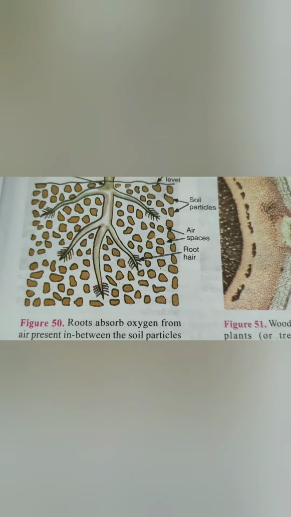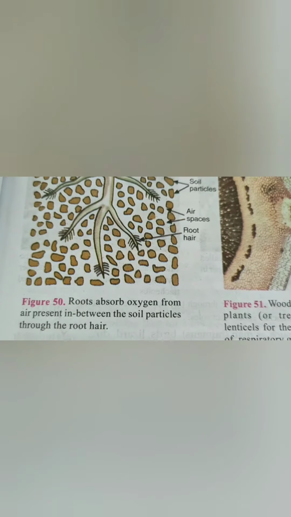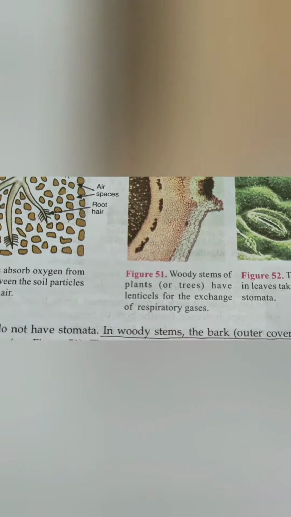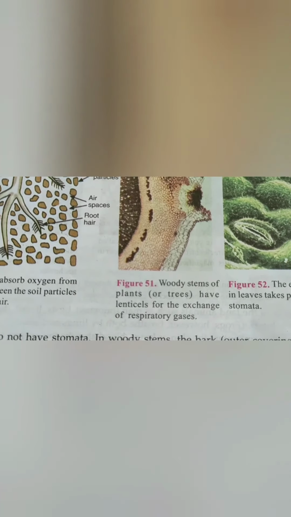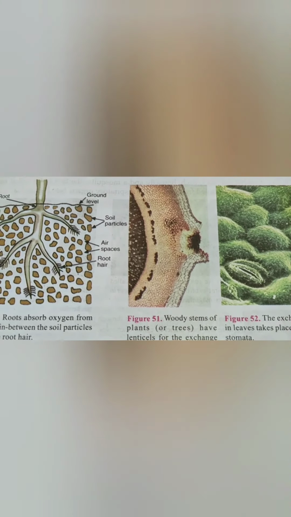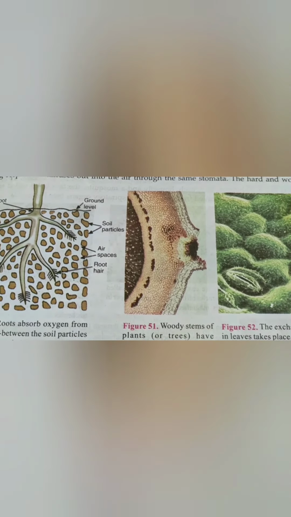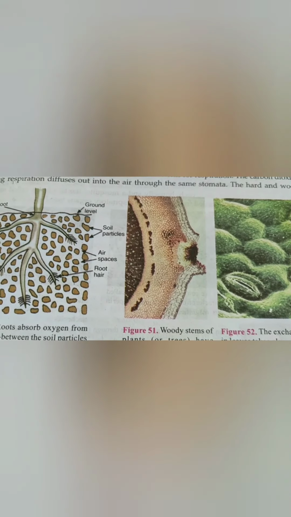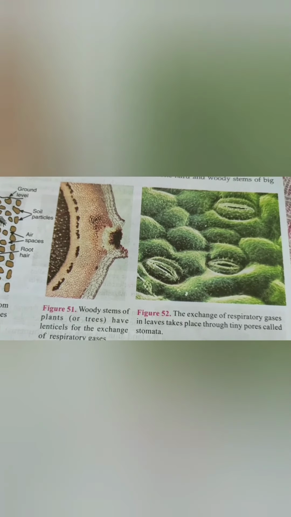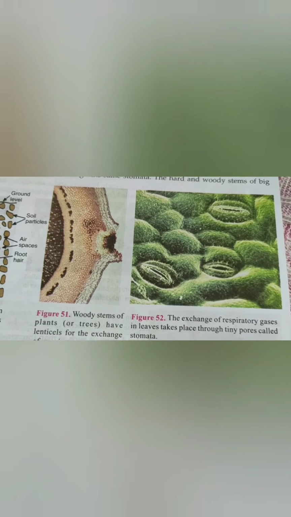The next is the lenticels. Lenticels are lens-shaped structures present in the bark of a plant. So it is the older stem or the branches of the plant through which the exchange of gases can take place. The next and most vital part of the plant through which the exchange of gases takes place is the stomata. Stomata are minute pore-like structures guarded by guard cells, present in the leaves as well as in the young stem of the plant.